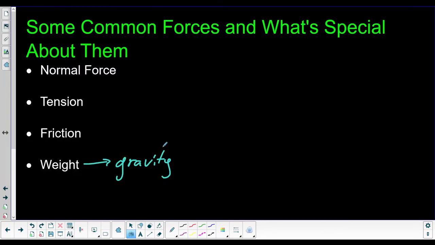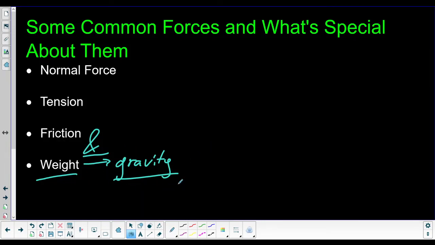What we're really asking is how hard is gravity pulling on that object? So weight is equal to the gravity force. You shouldn't have weight and gravity on the same object because they're the same thing. It's redundant, right? So when we say weight, we mean the force applied by gravity.